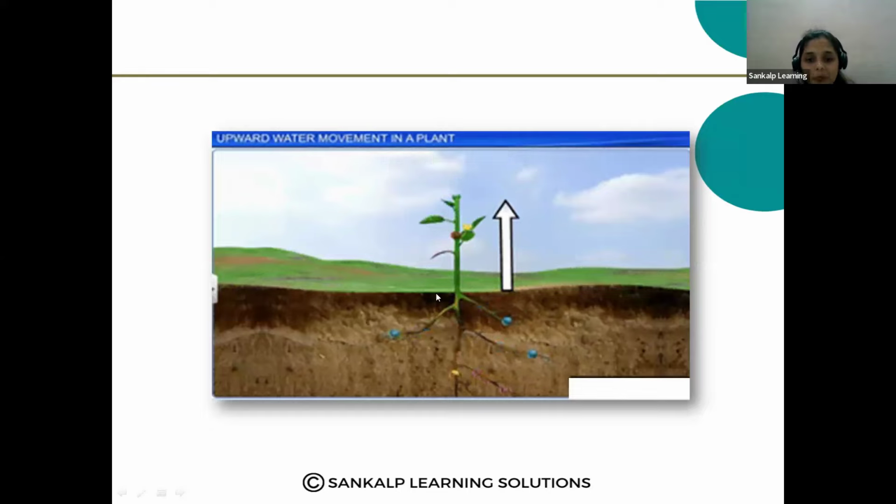Here, the absorption of the water takes place by the roots of the plant, and the excessive water is lost through the stomata, and it creates one pressure. It creates a suction pressure, meaning the plants are able to suck the water from the soil.